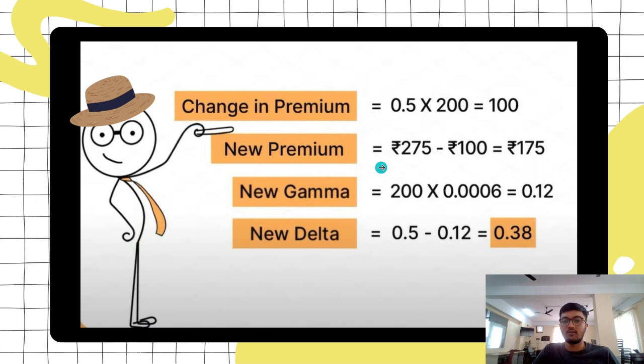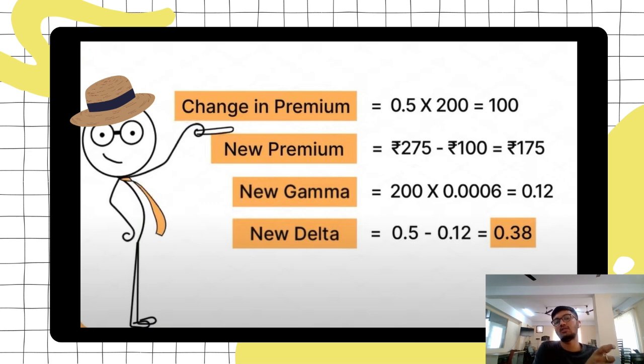So your new delta will be the change, 200 points, multiplied by the original gamma at the time at the money, 0.0006. That comes out to be 0.12. When you subtract that 0.12 from the earlier 0.5 delta, the new delta becomes the delta for that option.